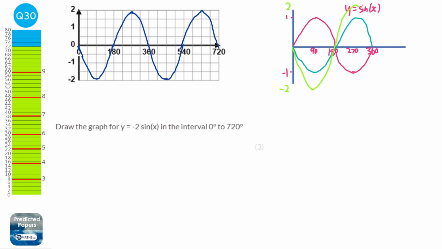Not the best graph I've ever drawn, but I think the examiner will understand that I know what the graph will look like, so don't panic about making too many mistakes when you're drawing curves.